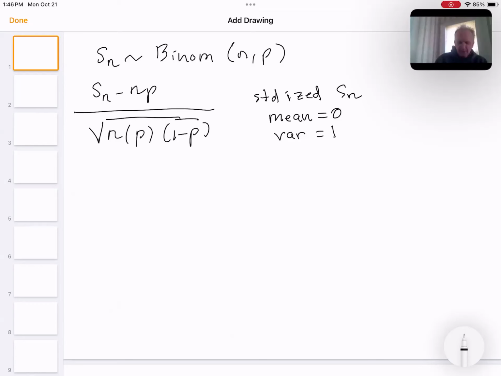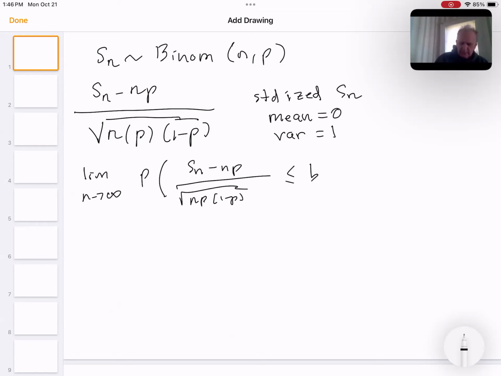So then as n goes to infinity, the limit of the probability that (Sn minus np) over the standard deviation is less than some number b is equal to the integral from minus infinity to b of 1 over root 2 pi e to the minus z squared over 2 dz, which is just the normal CDF at b.